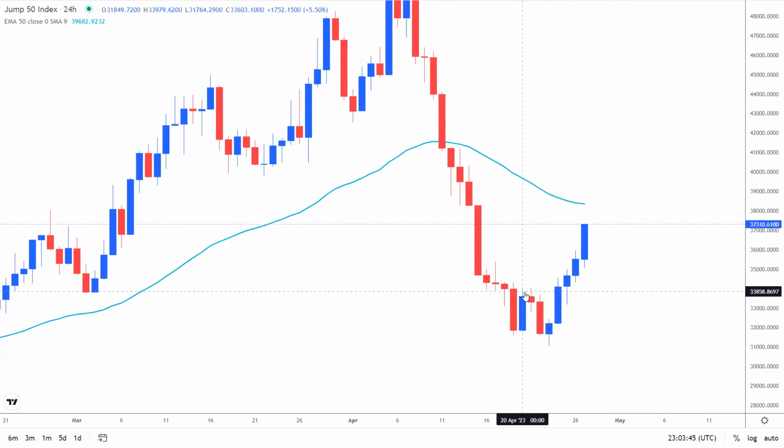So this was the most recent lower high that led to this lower low. And then we quickly had a daily candlestick break above that swing high, shifting the market structure from bearish to bullish.